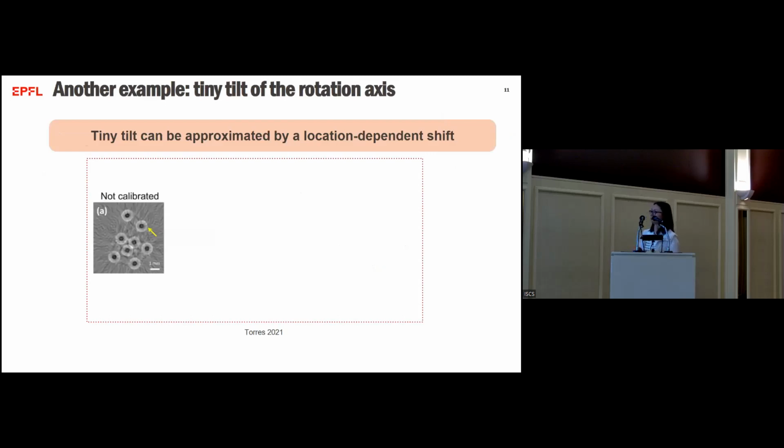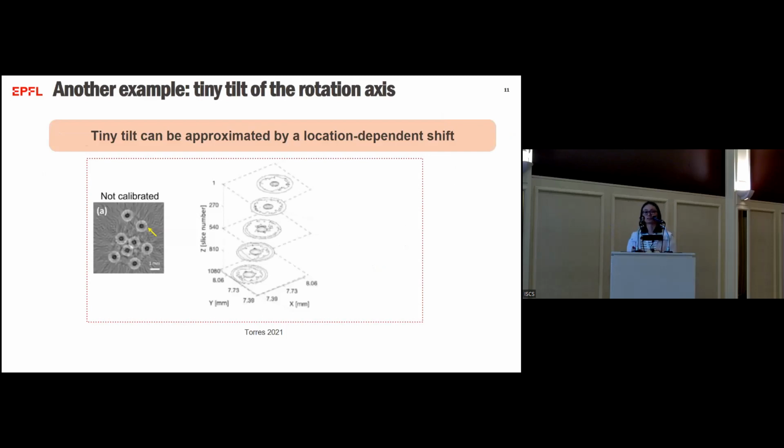Another example of mechanical artifacts is a tiny tilt of the rotation axis. A tiny tilt can be approximated by a location-dependent shift. Let's have a look at how it works. In this non-calibrated image, we see these shadows around the object. And typically, this is what people do to remove it.